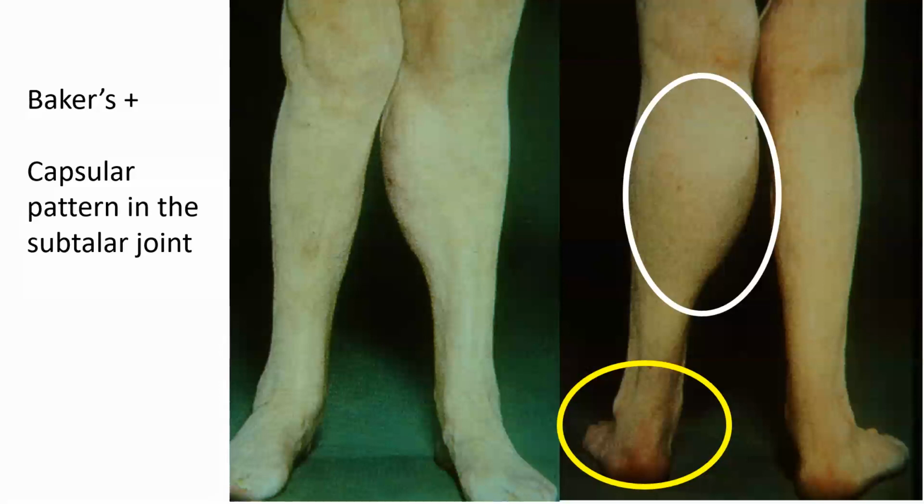And if you already watched the lecture on the examination of the foot, then you remember that a heel which is fixated in valgus, where the varus disappeared, this is the capsular pattern of the subtalar joint. This is a patient with also a very beautiful arthritis in the subtalar joint.